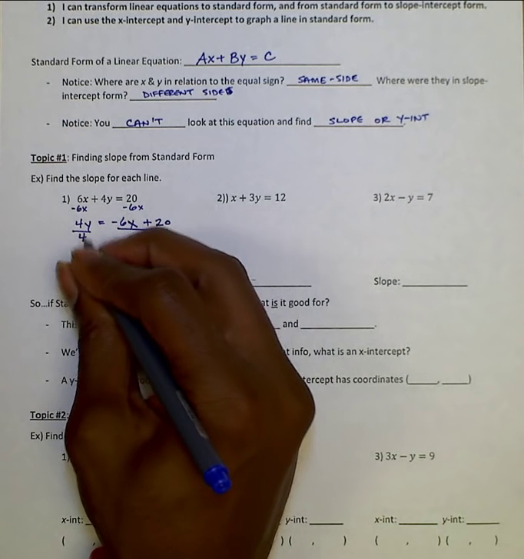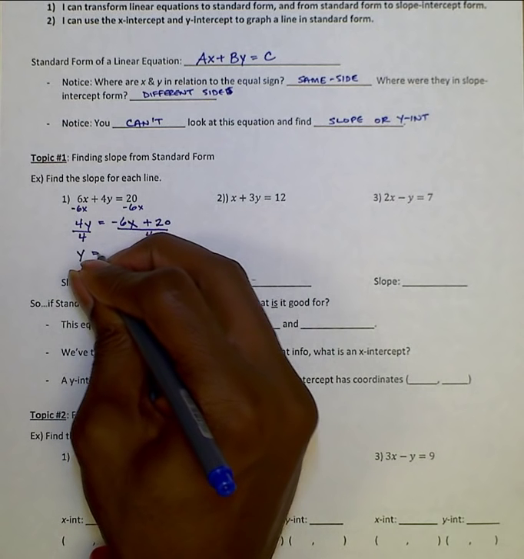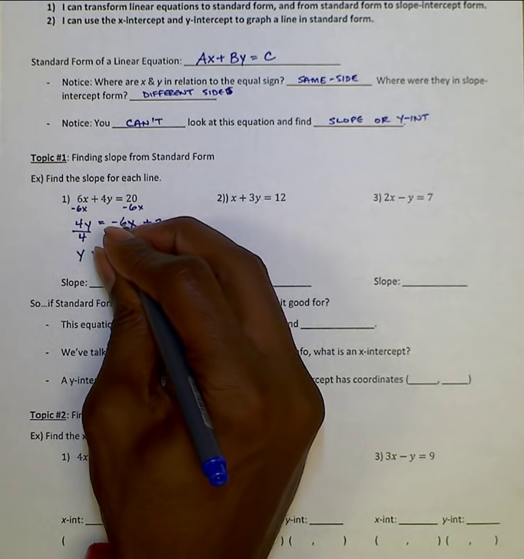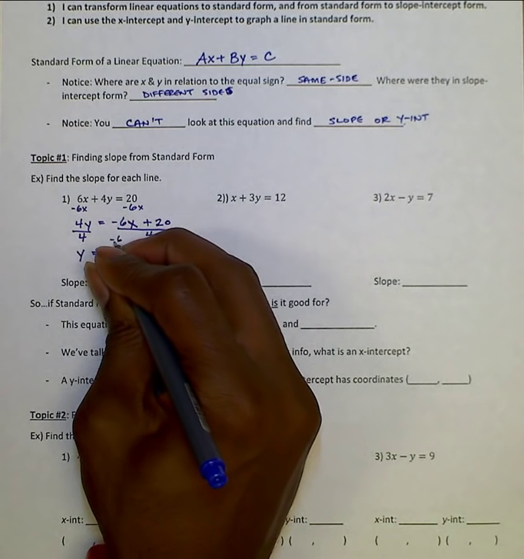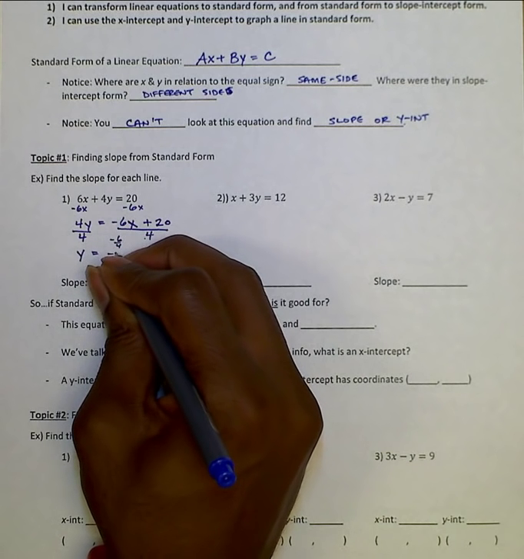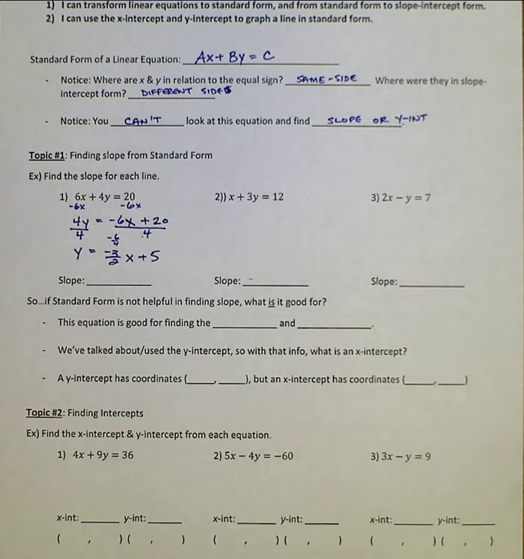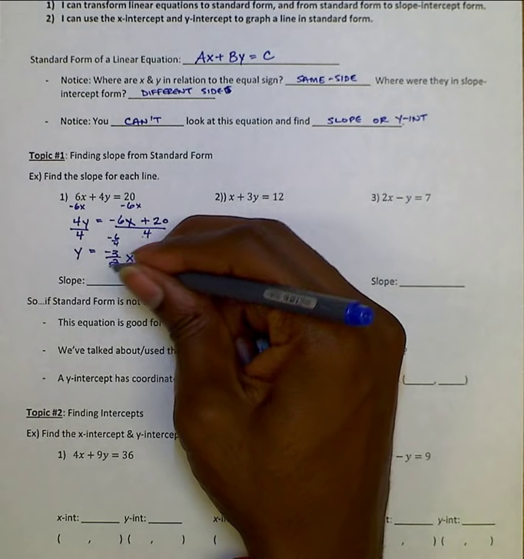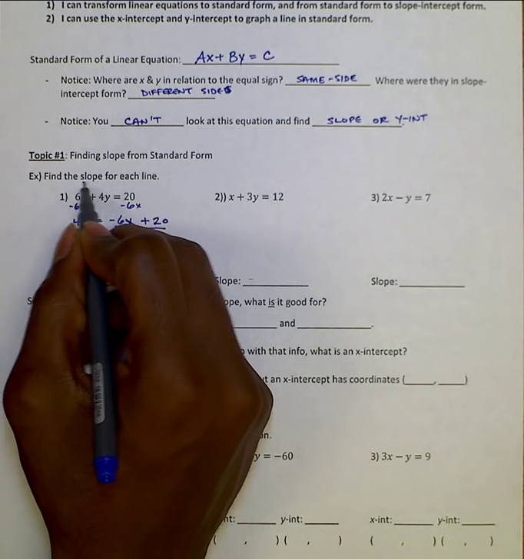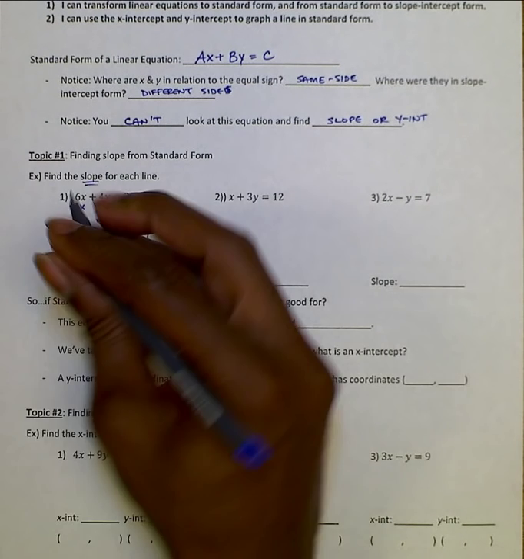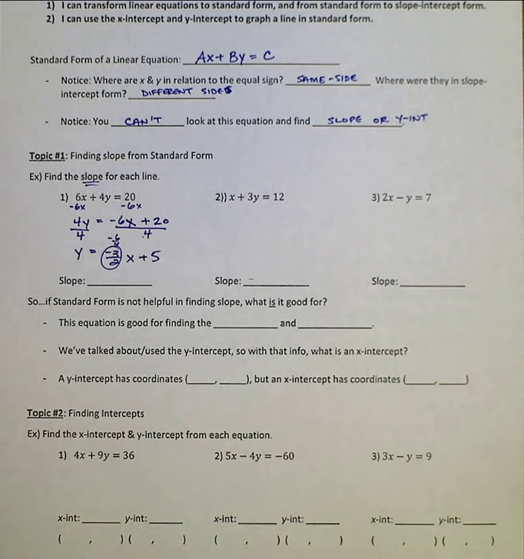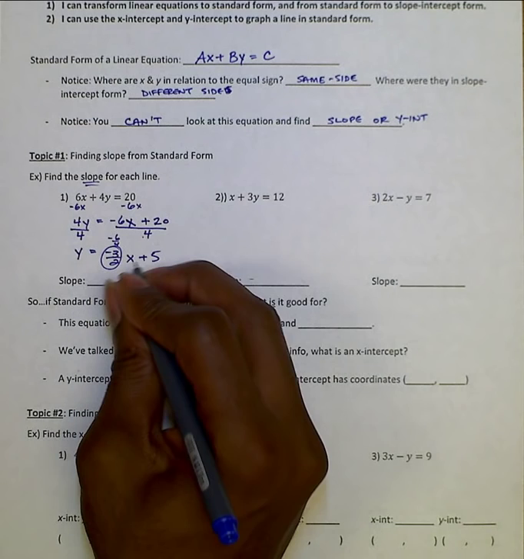So y will equal negative 6 over 4, or, as I simplify it, negative 3 over 2, x plus 5. I'm writing plus 5 because that's putting it all in slope-intercept form, but if they're asking you for slope, the important part is the number in front of x. So the slope for this problem is negative 3/2.